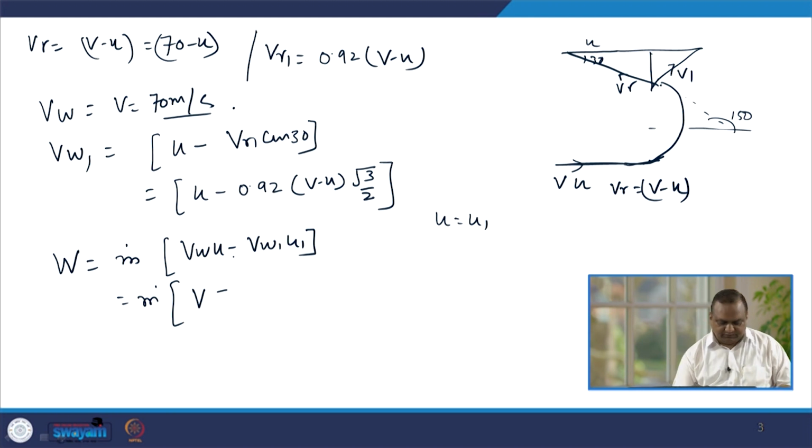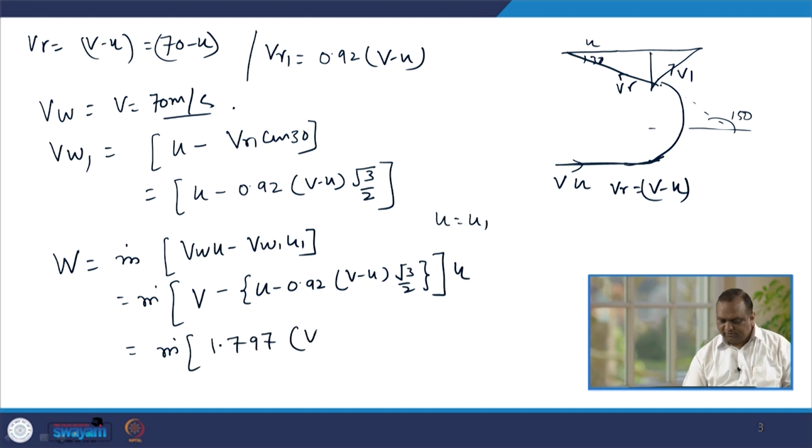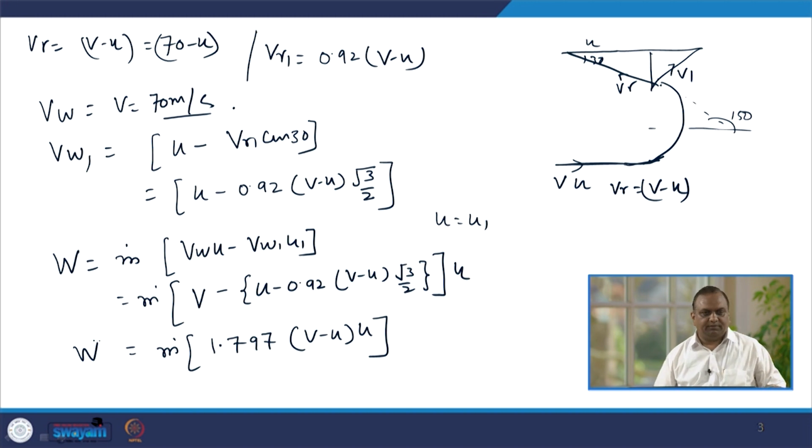So it is mass flow rate times (V minus U minus 0.92 (V minus U) times root 3 by 2) times U. If we simplify this expression, it is going to be mass flow rate times 1.797 (V minus U) multiplied by U. That is the rate of work output.